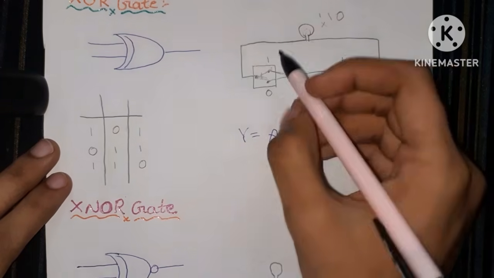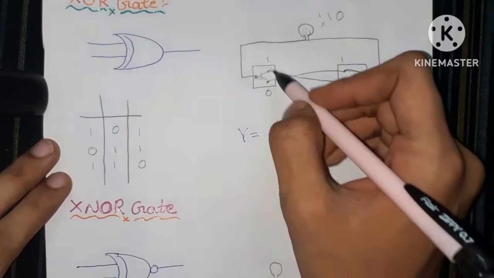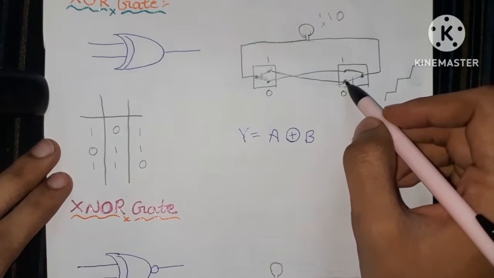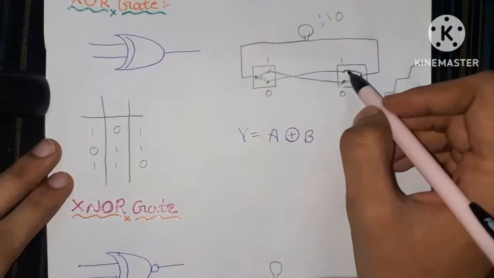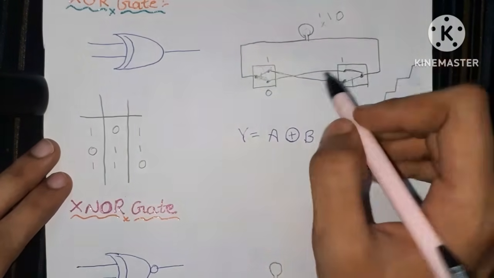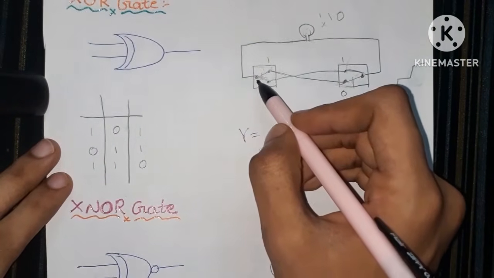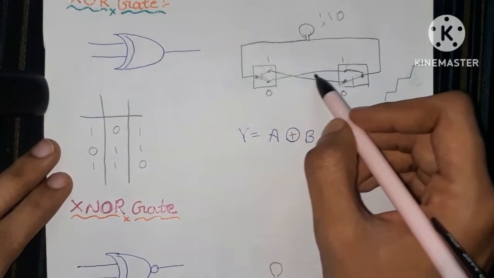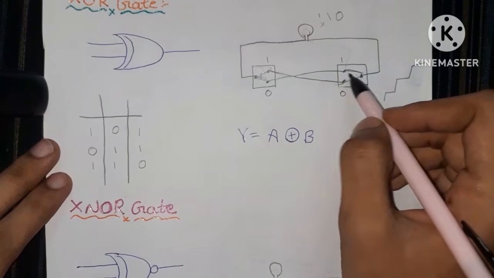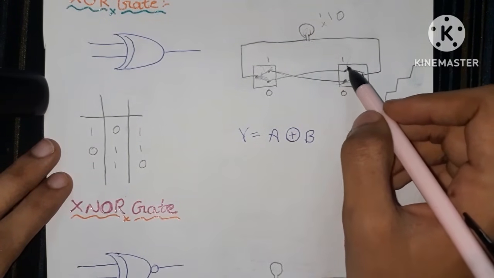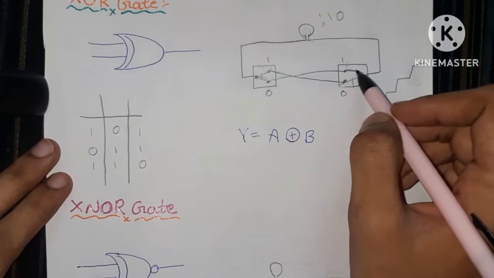Okay, next, if we close this 0 and we open this 1, let's imagine how the current will flow. The current will come like this, will go like this, and the circuit is open in this area.